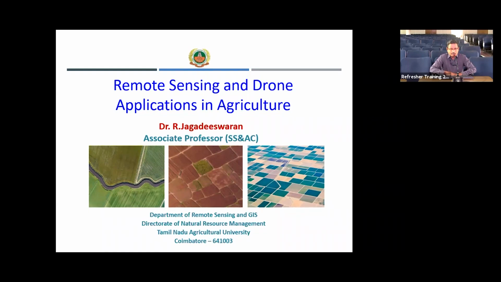Yes, we need to accept and adopt these technologies. And one such technology is remote sensing and GIS applications. We have been in this field for a long time. Besides India, developed countries started using these technologies from 1960 onwards to address the issues related to agriculture, because there are a lot of advantages available with this technology.